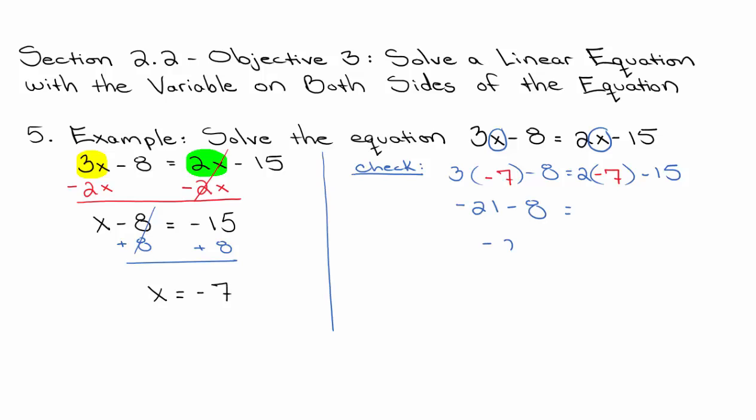That's going to give me -29. 2 times -7 is -14 minus 15. That's going to give me -29. Therefore, this checks out. Yes, -7 is the solution to this equation.